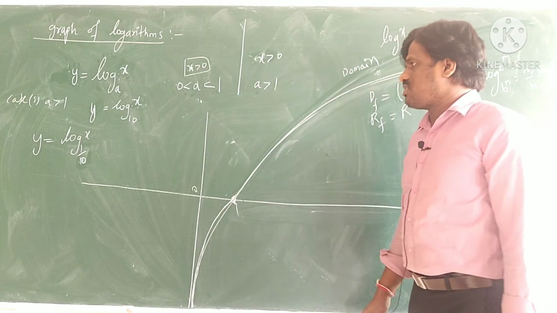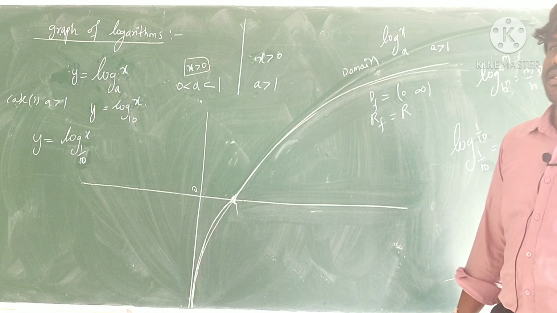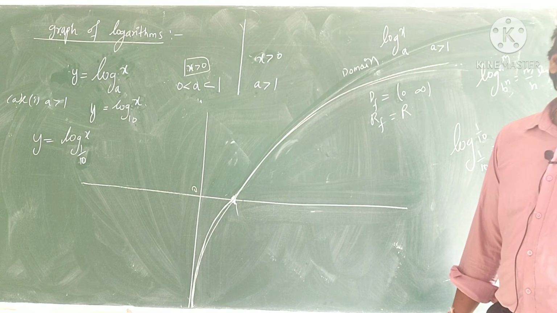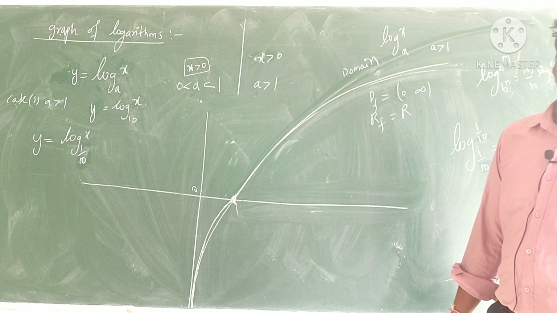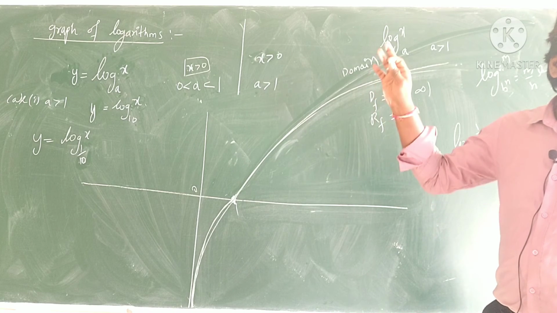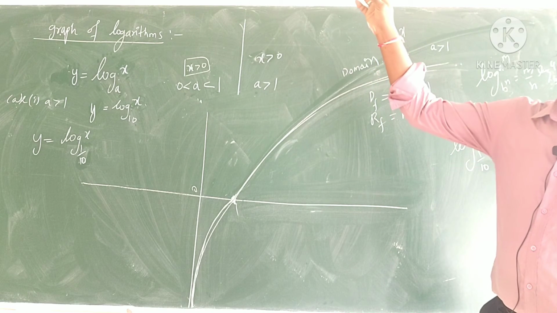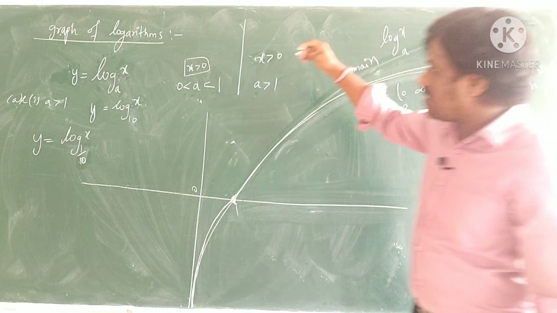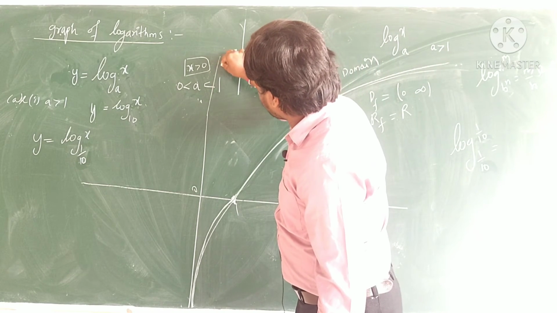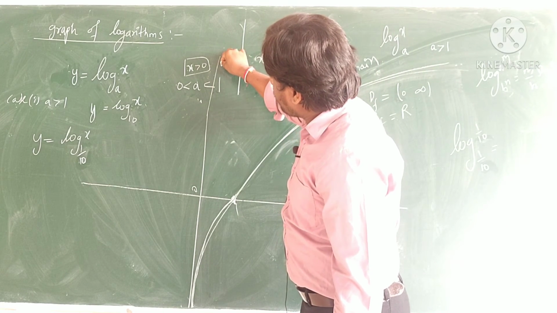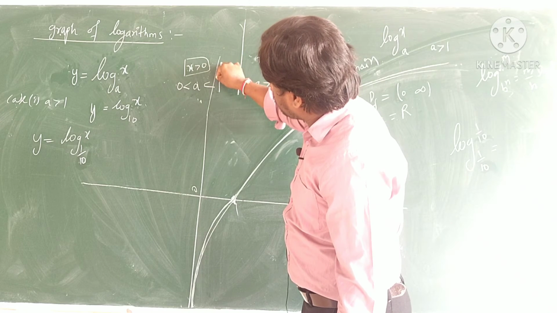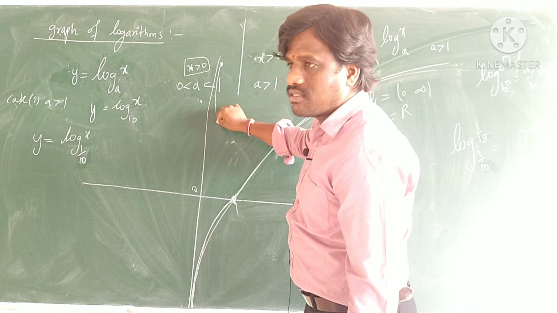One more, 0. If I take 0, what do I get? Infinity. If I take 0, I get infinity here. And if I increase these values, it goes like this, it comes like this.